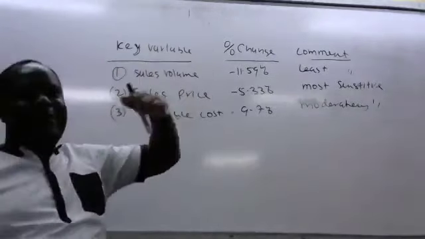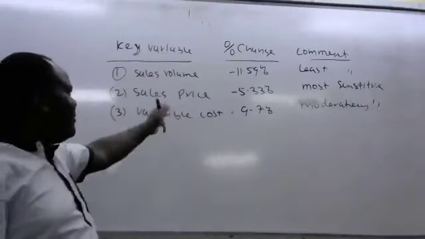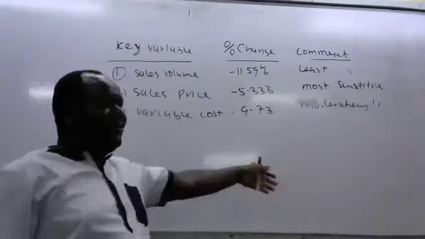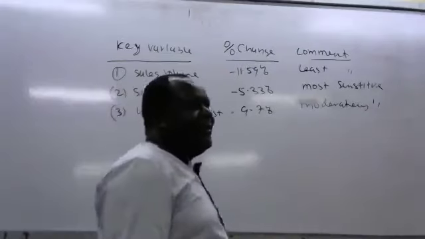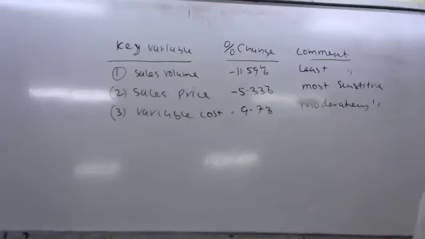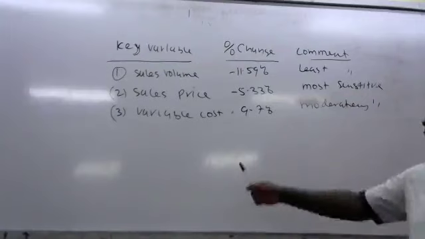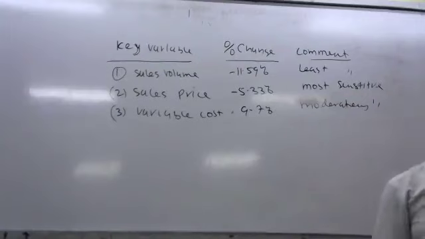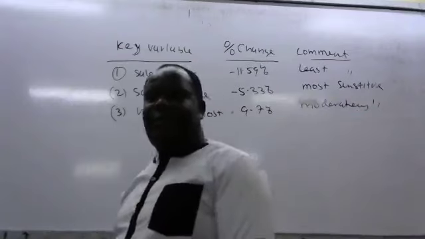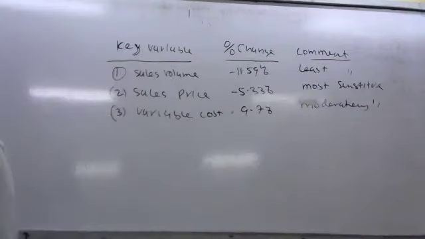Sales volume affects revenue. The selling price also affects revenue, but cost goes up. So that's why it is positive and negative. It's just a general rule. For revenue to affect you adversely, it must go down, so your sign is negative. For the cost to affect you adversely, it must go up, so your sign is positive.